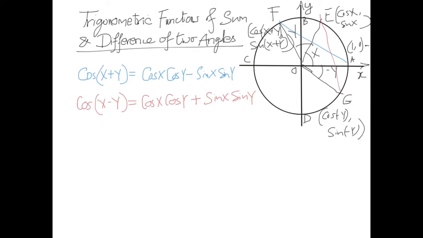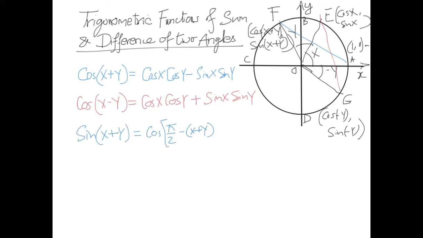And let us now try to derive the expression for sine of x plus y. Now we know that this is equal to cos of pi by 2 minus x plus y, because we know that sine theta is equal to cos of pi by 2 minus theta.